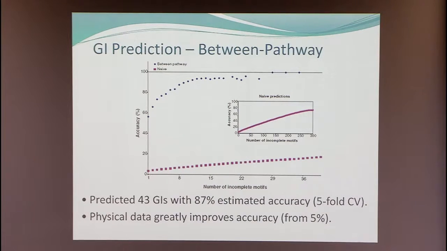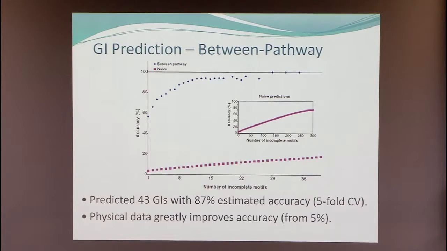The reason I'm showing that is, first of all, using their between pathway scenario, they get a very nice prediction accuracy of about 87% in cross-validation.